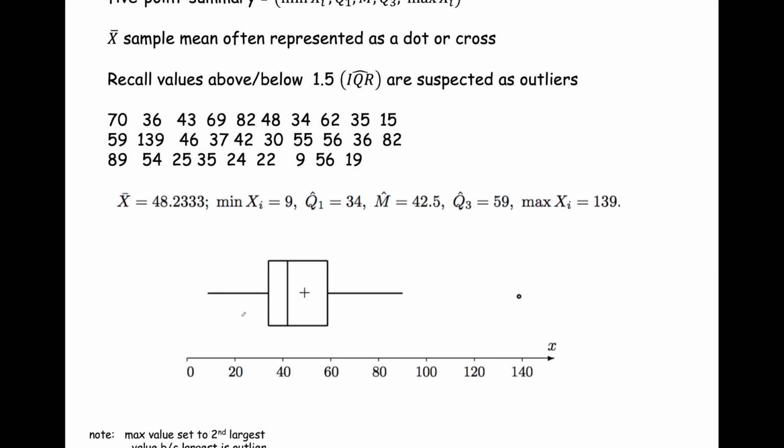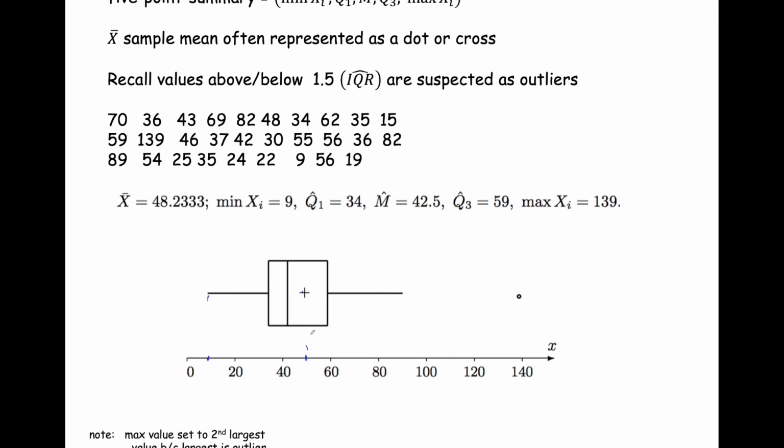Well, the sample mean x bar is 48.2. If you look at where that cross projects down to this axis, that's 48.2 and change. The minimum is 9, the smallest value, which projects down onto the number line at 9.